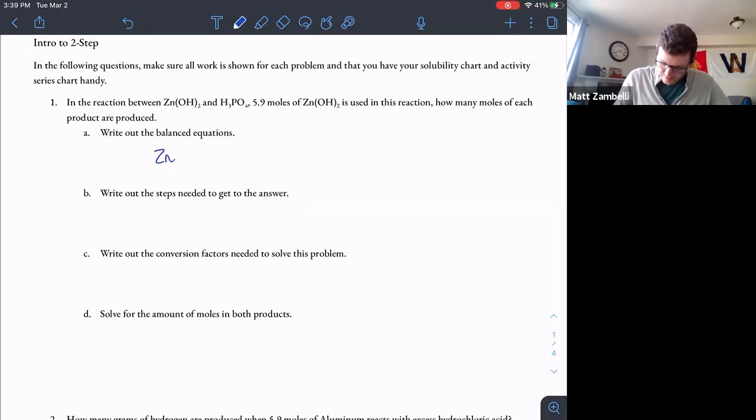Perfect. So zinc hydroxide plus the H3PO4. All right. So what kind of reaction does this look like? Is it going to be synthesis, decomposition, single replacement, double replacement, or combustion? What do we think? Double replacement is perfect. So what two things are going to switch spots?